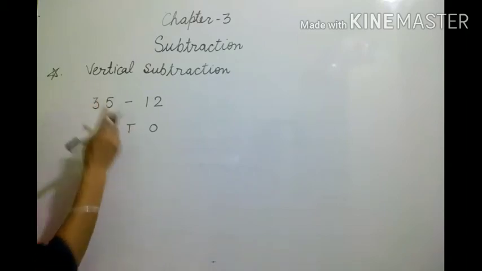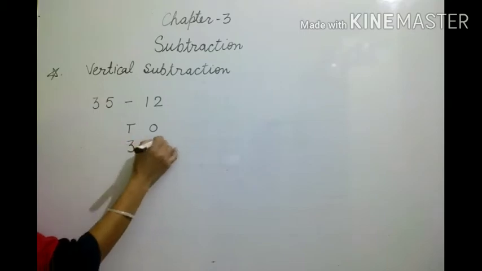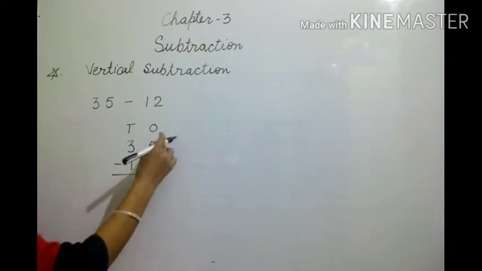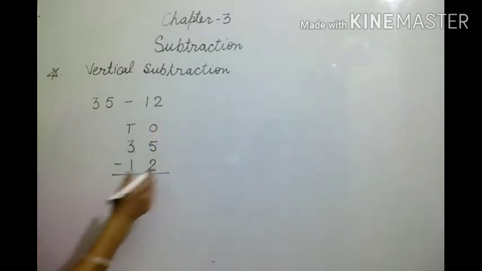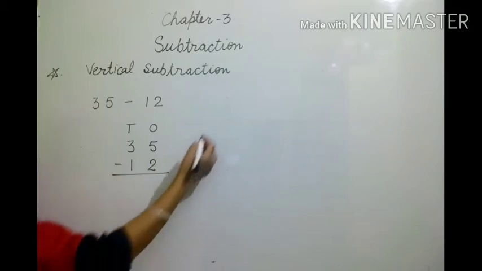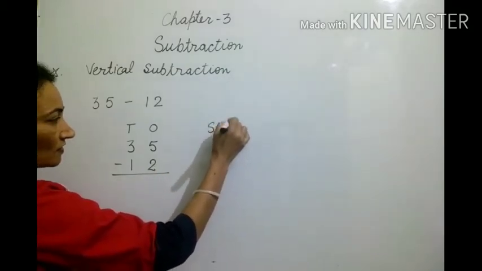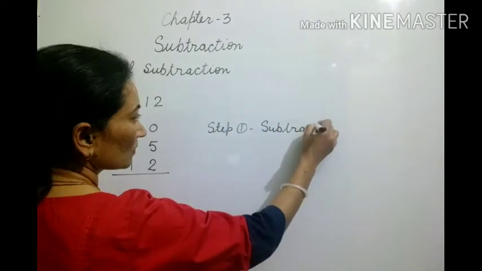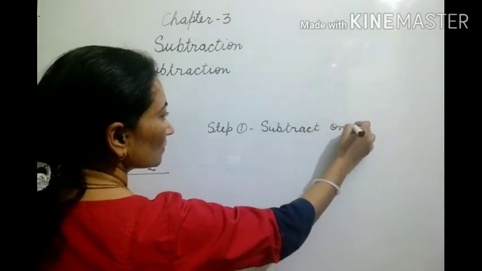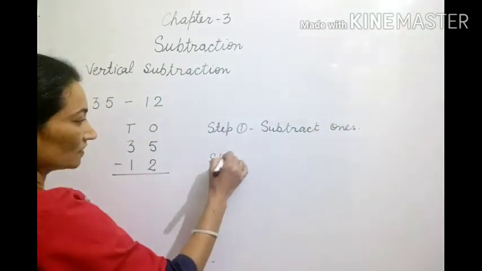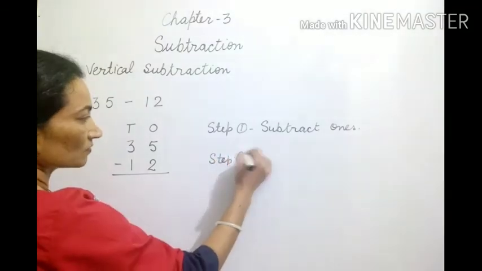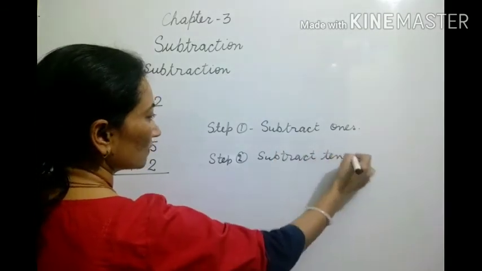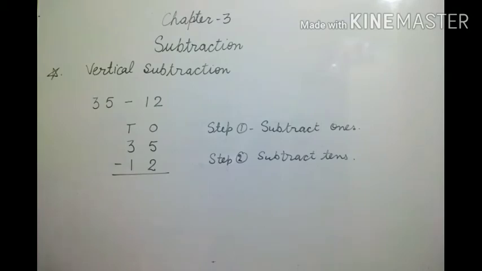Like this, we first arrange the numbers in columns and then we subtract starting from ones place. First step is subtract ones. Second step is subtract tens.